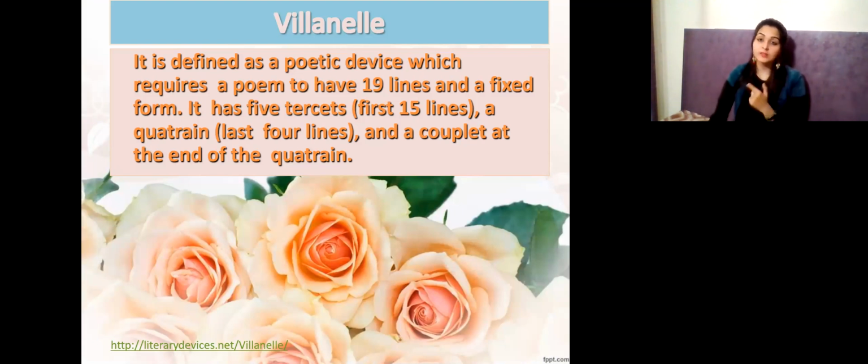Please note all these differences as it can also come to differentiate between sonnet, villanelle, or different types of poetries. Now, here it has five tercets, first 15 lines, a quatrain is last four lines, and a couplet at the end of the quatrain. So this is the way a villanelle is actually formed.